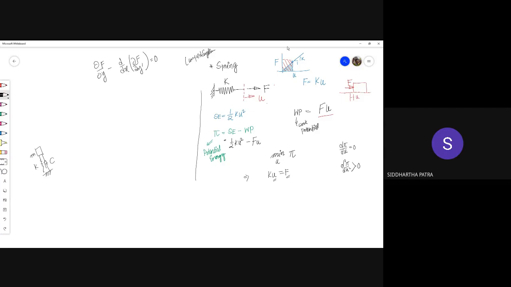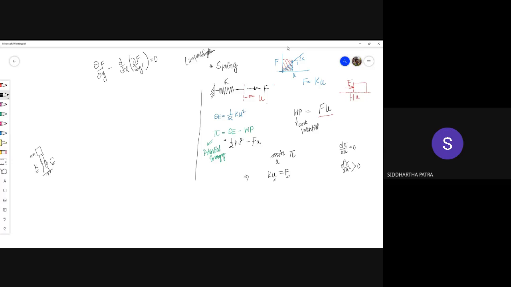You see, when you have a structure, let's say a building, which would be oscillating when there is an earthquake. So that is the real object, where the mass is distributed everywhere, where the stiffness is distributed everywhere, where the damping is distributed everywhere.